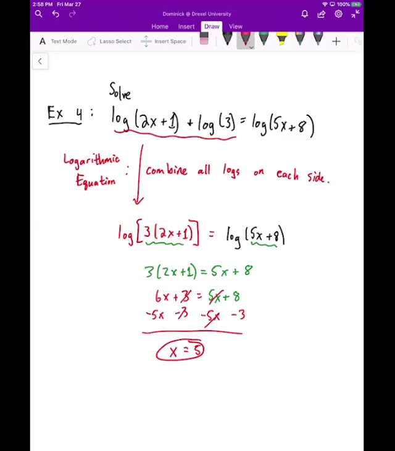All right, now when you solve a logarithmic equation, you need to check one final thing. We now need to make sure our x values do not result in a non-positive logarithm.